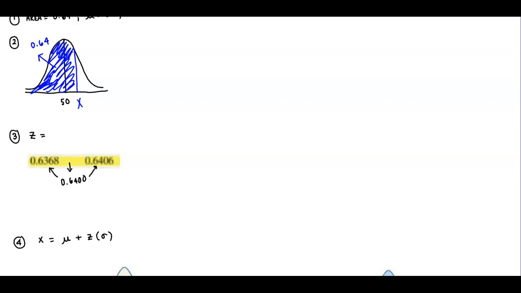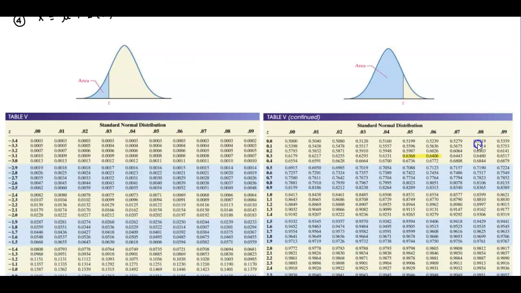The difference between 0.6400 and 0.6368 is 0.0032, and the difference between 0.6406 and 0.6400 is 0.0006, which means it's closer to that area. So we're going to use that area to determine our z-score.